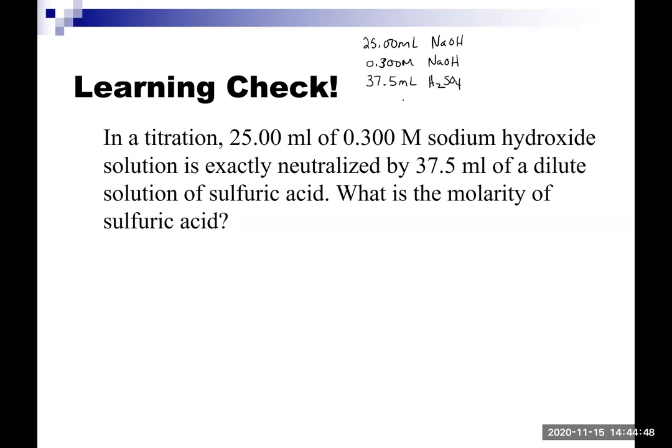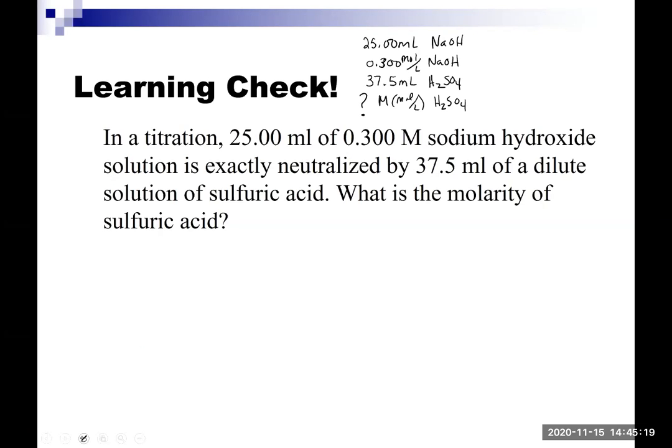And we want to know what is the molarity, or moles per liter, of H2SO4. And we can just change that molarity to moles per liter just to remind ourselves of what we have.